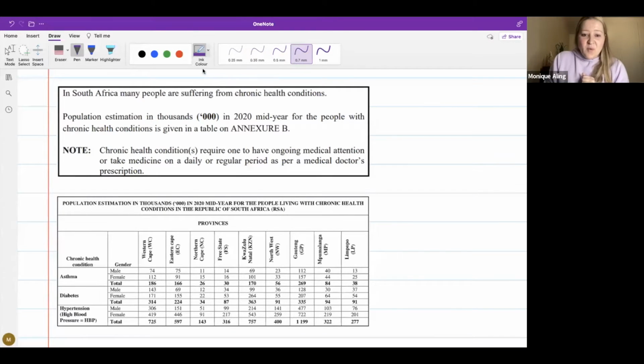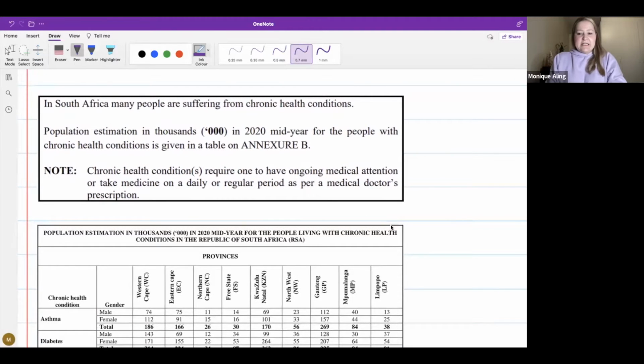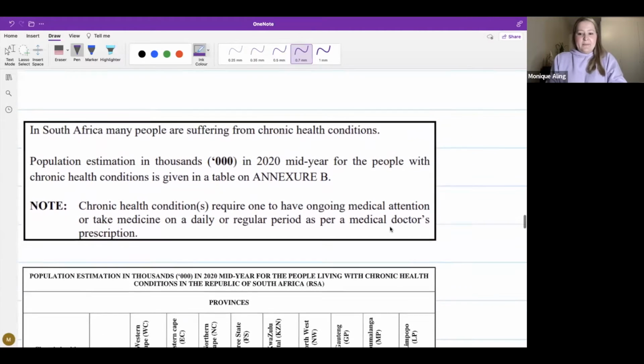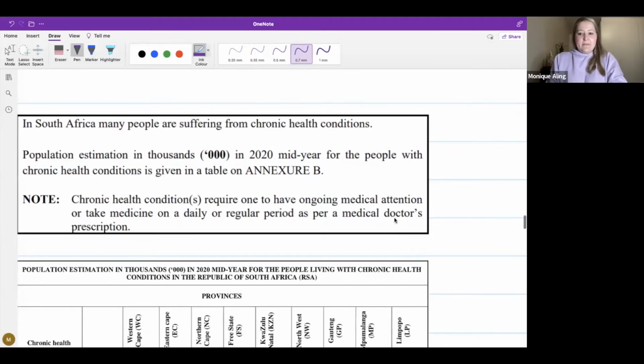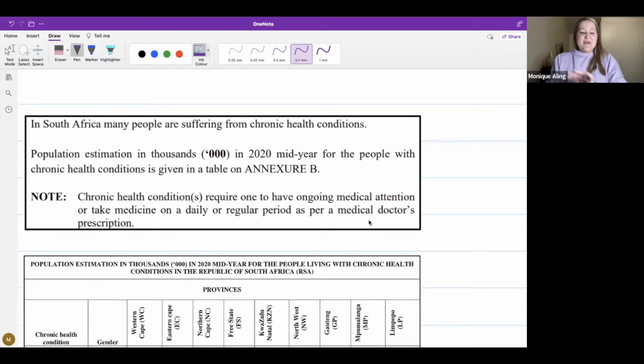Zoom in a bit more, please. Okay, so let's just focus on the first part. I'm also just trying to get it perfect on my screen as well.